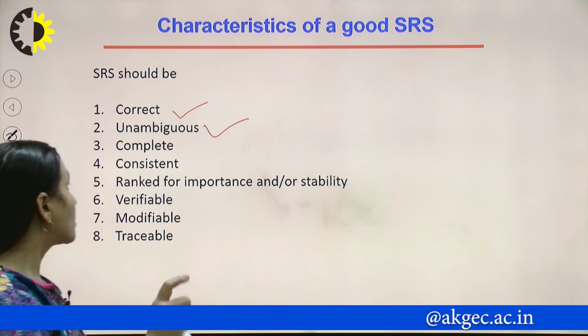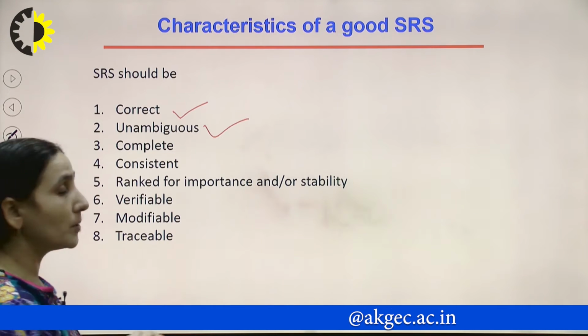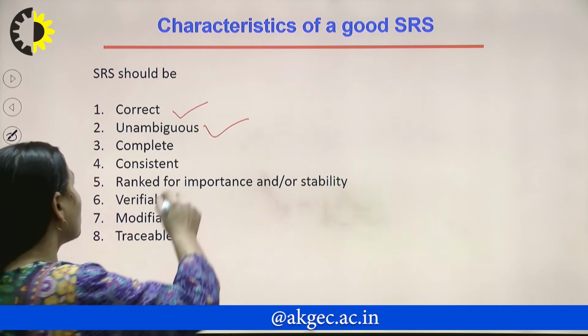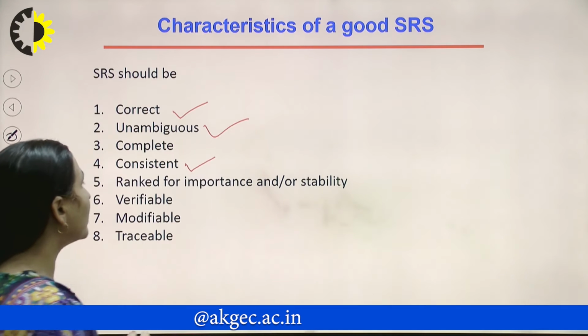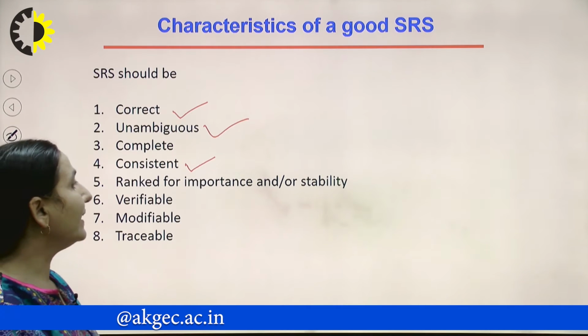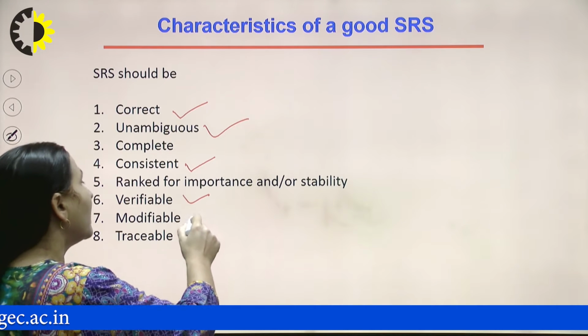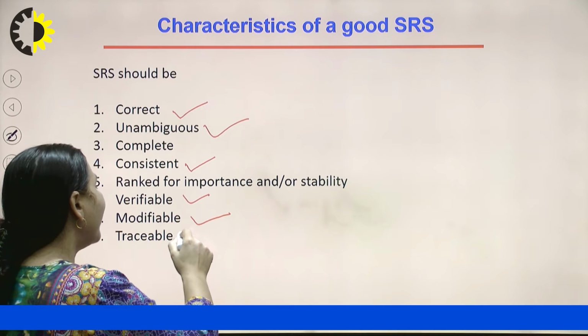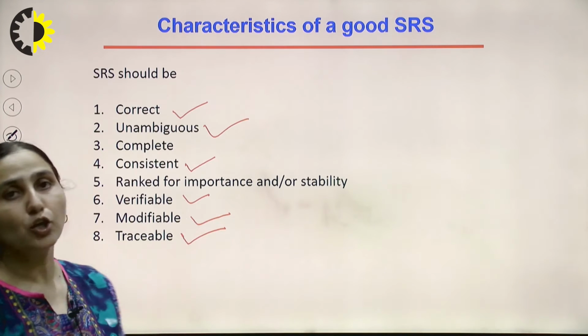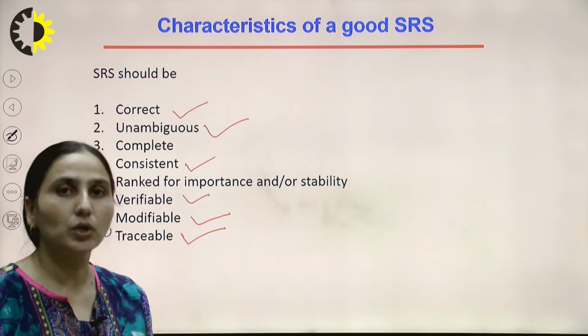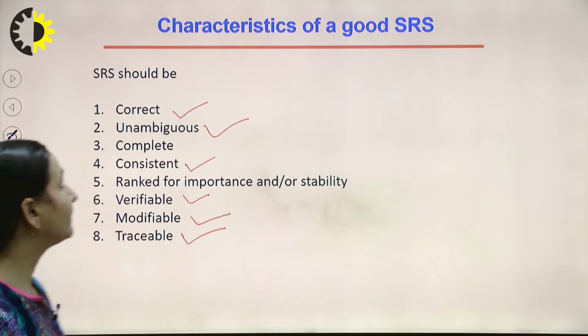It should be complete and consistent, ranked for importance or based on stability. Then, is it verifiable? It should be modifiable and traceable. So these are some very common characteristics that a good SRS should have.